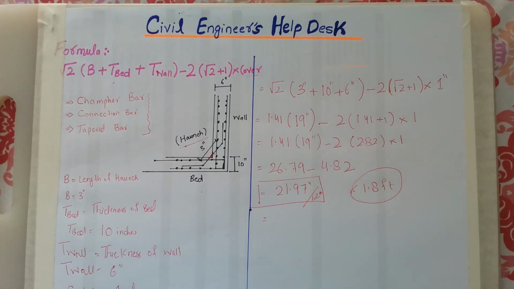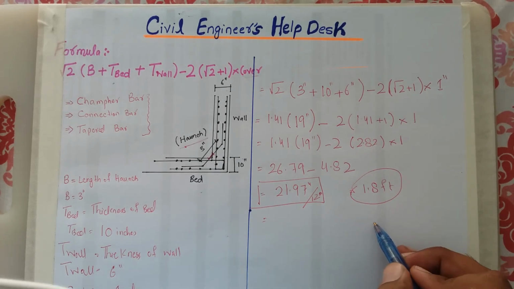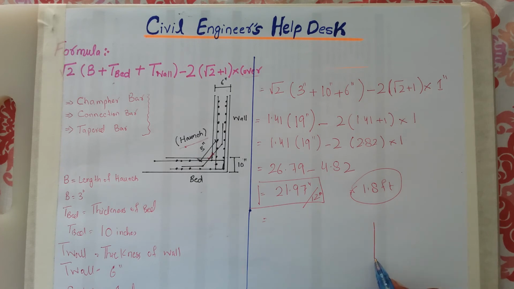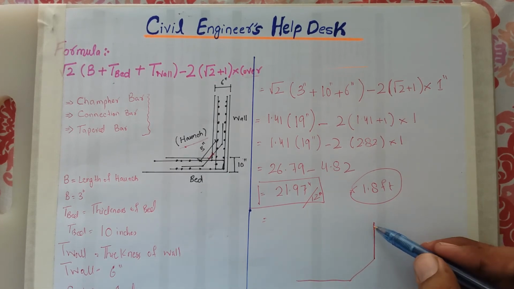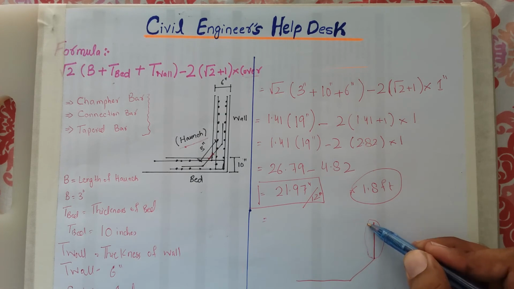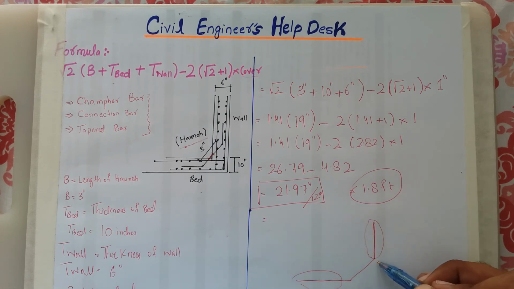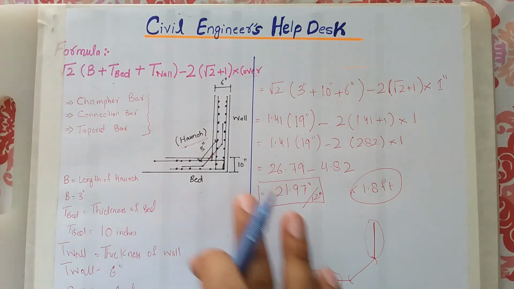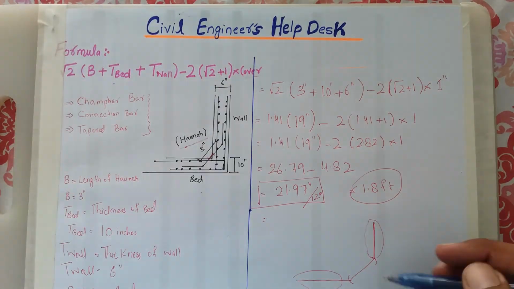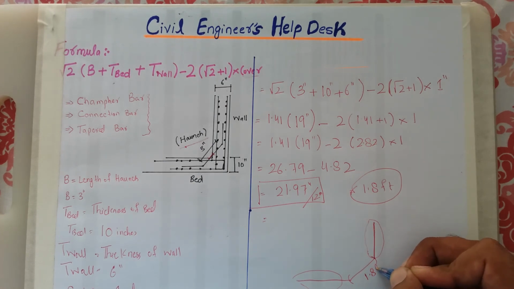So viewers, by this formula we have got a length of 1.8 feet. If I draw the cross section here, this will be our haunch bar, or connection bar, or tapered bar, or chamfer bar. We do not require this. The major issue is this length, and we can get this length by this formula, and it is 1.8 feet.